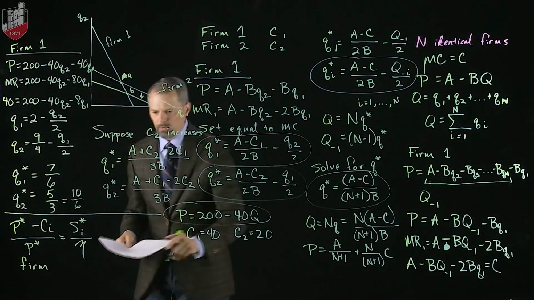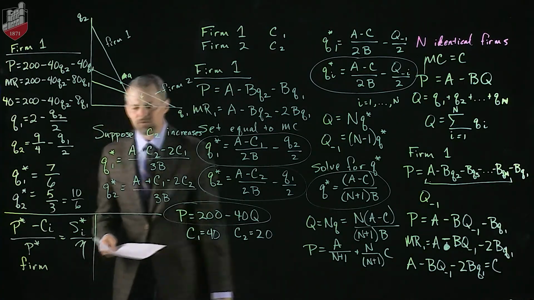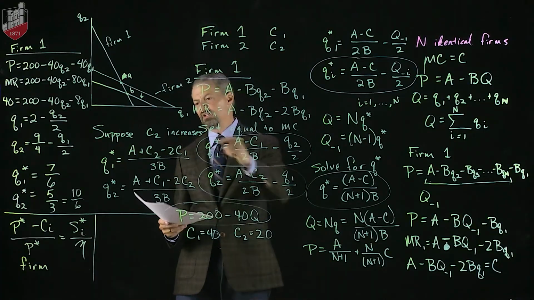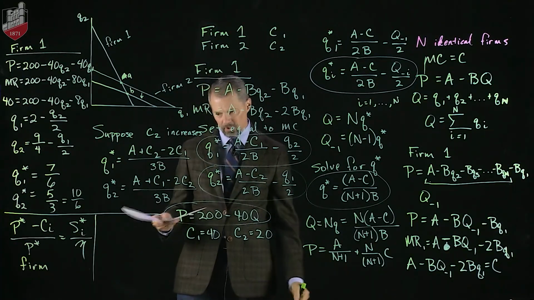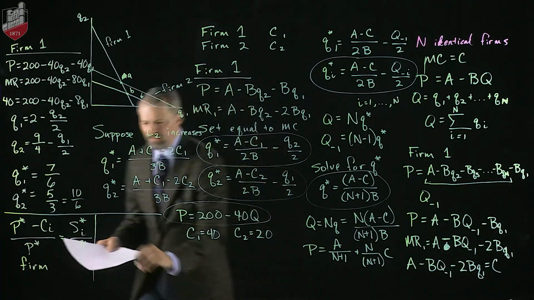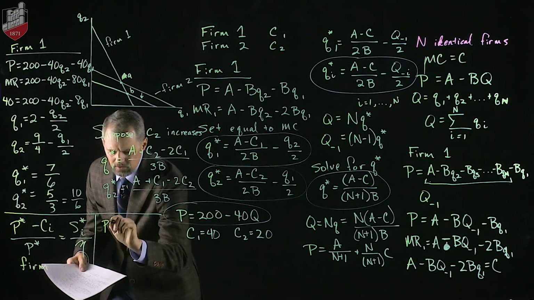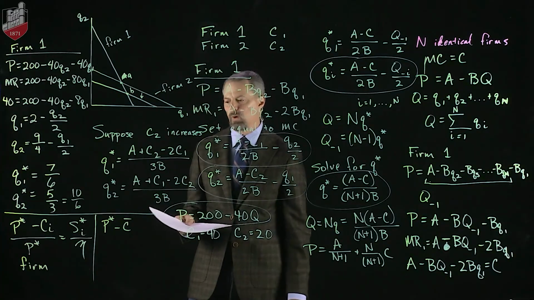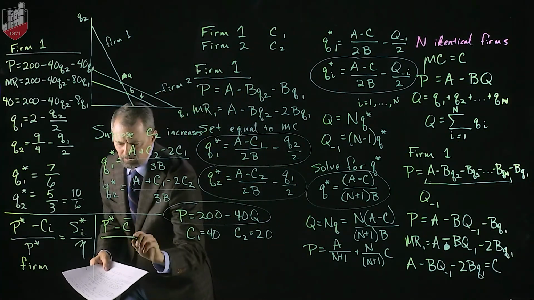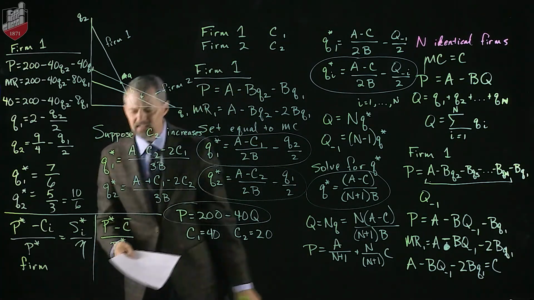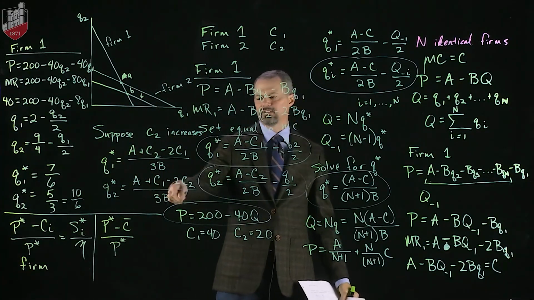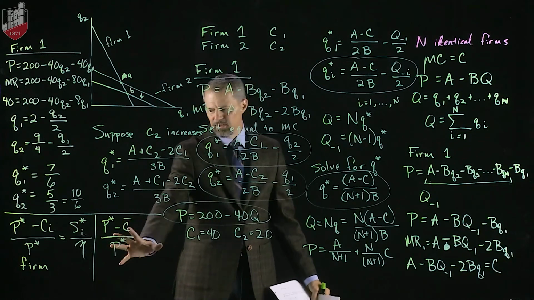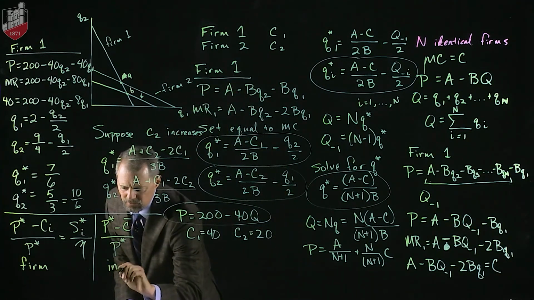We can also do a little bit more algebra, which we don't need to go through, and we can come up with a statement at the industry level that's also very intuitive, and that looks like this. P star minus C, I'm going to put a bar above it because that's going to be a weighted average, divided by P star. So that's the Lerner index in terms of a weighted average of the costs for the firms. Remember, this is going to be industry level.